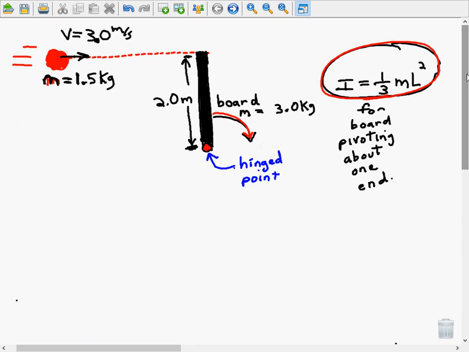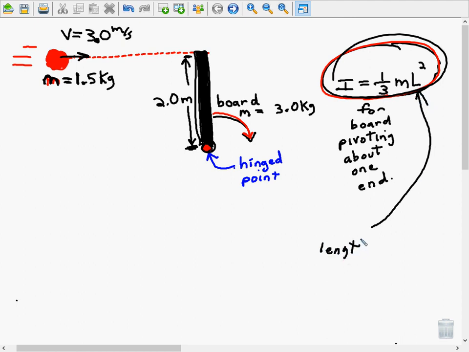If you have a swinging length of board and you're swinging it around its endpoint right there, the length is... This L right here is the length of the board. Excellent point, because that is very confusing. Thank you. Not the angular momentum.